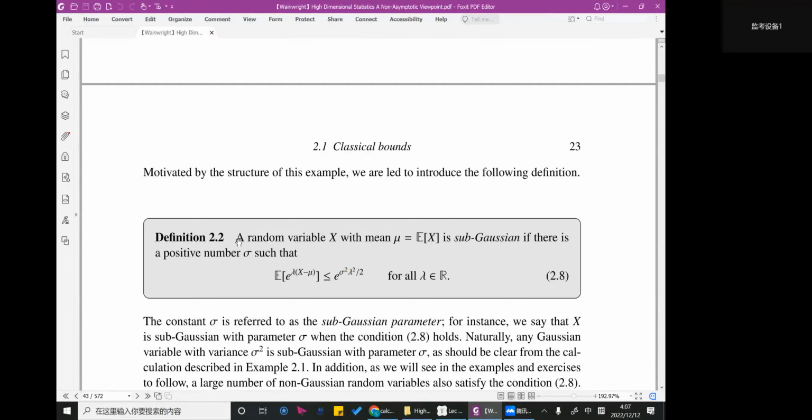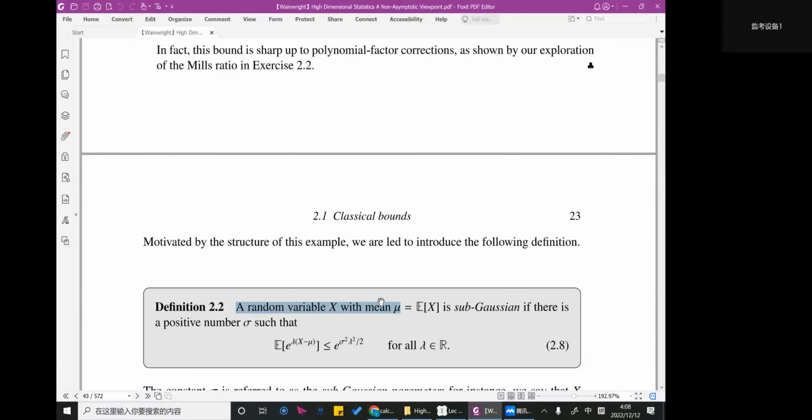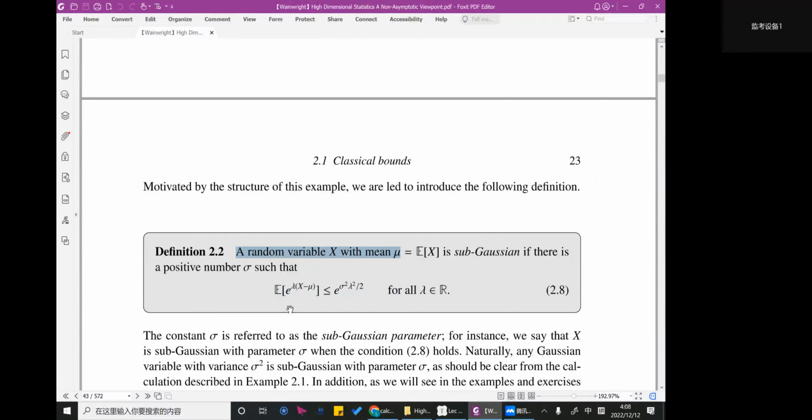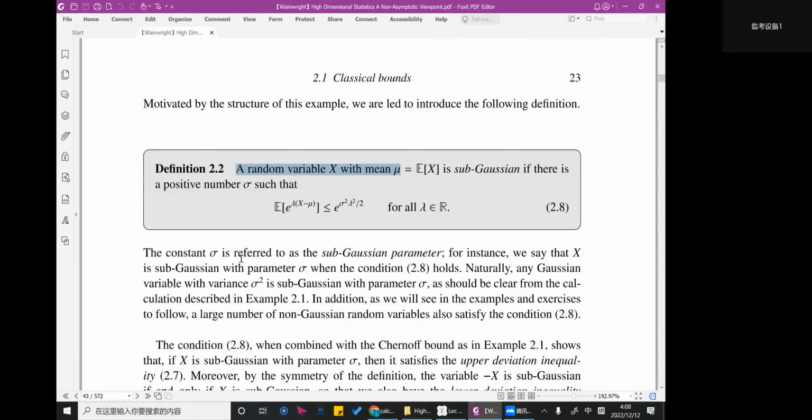If the random variable x satisfies this condition, that there exists a positive number sigma such that this is satisfied, this is motivated or driven by the property of tail bounds of a Gaussian random variable like this. So if this inequality is satisfied, then we name the random variable x as sub-Gaussian with sub-Gaussian parameter sigma.